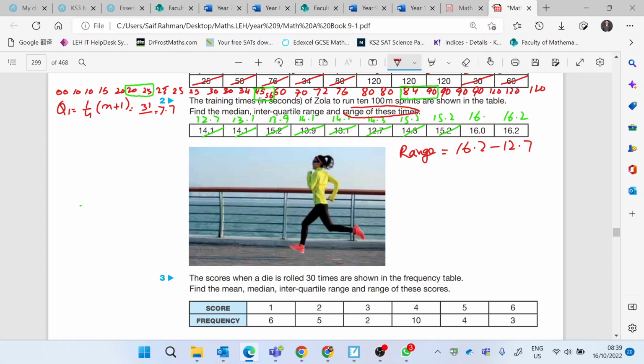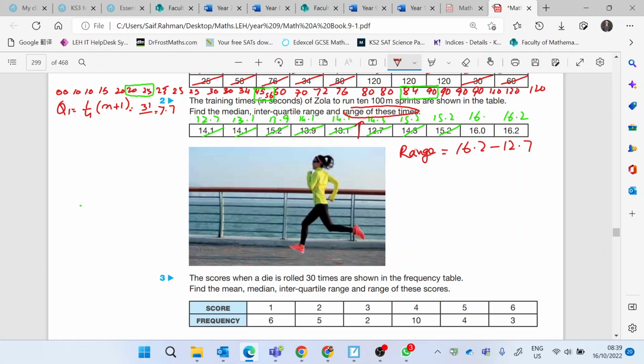And for median, you have to find the middle number. Okay, so we have got here 1 2 3 4 5 6 7 8 9 10. 5 one side, 1 2 3 4 5, 5 this way, it should be somewhere here.